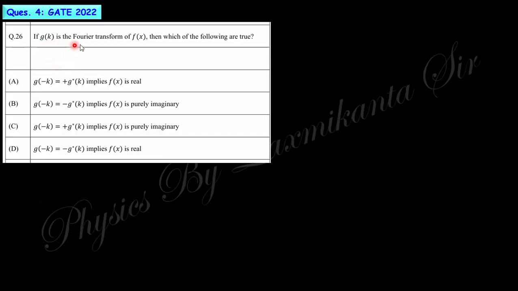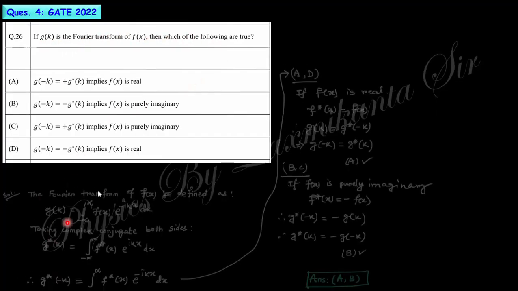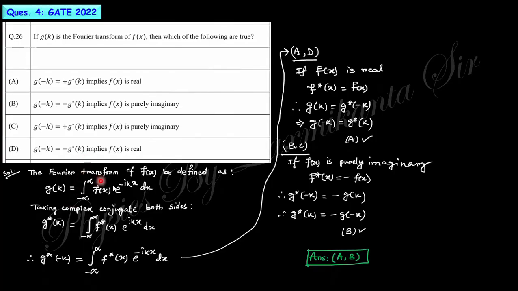Next question, if g of k is the Fourier transform of f of x, then which of the following is true? So g of k equals the Fourier transform of f of x. Taking the complex conjugate on both sides, that is g star of k equals the integral of f star of x with the complex conjugate of e to the power minus i k x, which is plus i k x. If you put minus k instead of k, this will be fine.